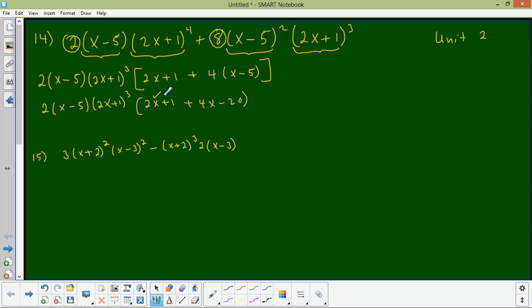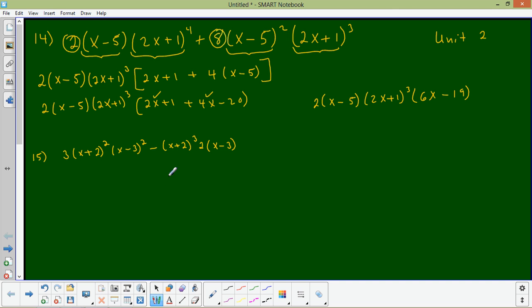And then the 2x and the 4x can be combined, as can the constant 1 and the constant minus 20. So we get a final answer of 2 times x minus 5 times 2x plus 1 to the third times 6x minus 19. Final answer for number 14.